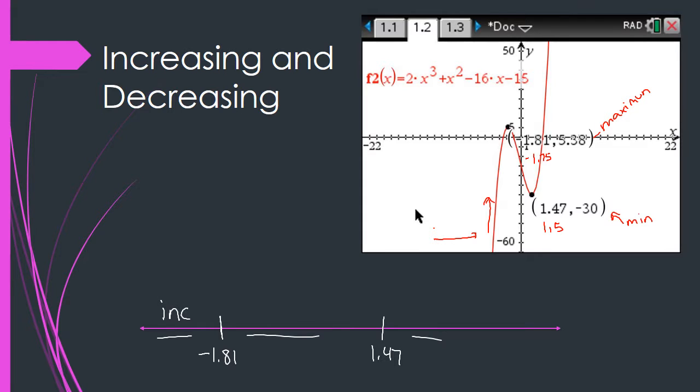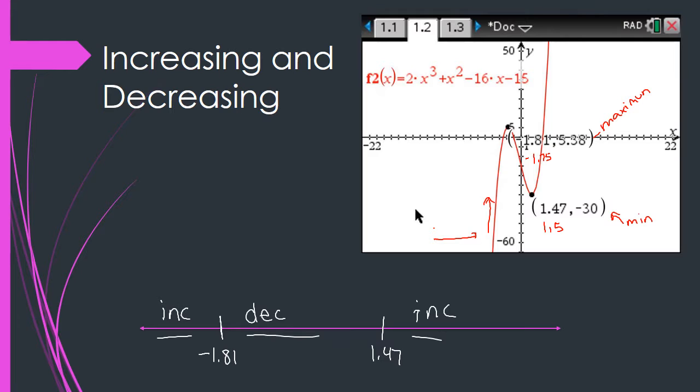And then I look from in between my maximum to my minimum and see what my function is doing, and my f of x, my y values are decreasing. And then lastly, I reach this point and I keep on going to the right, and my function, my f of x's, are increasing again.